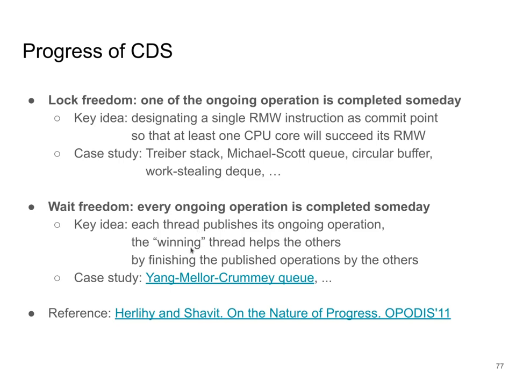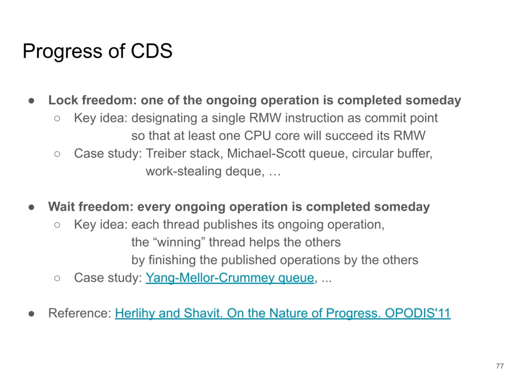For example, YMCQ is a primary example of a wait-free queue, which we are not going to study in this semester because it is much more complicated than the other data structures. But if you're interested, please read this paper. Also, this is a very fine paper that defines the meanings of lock freedom, wait freedom, and other kinds of progress guarantees, and it classifies the many guarantees into some criteria.